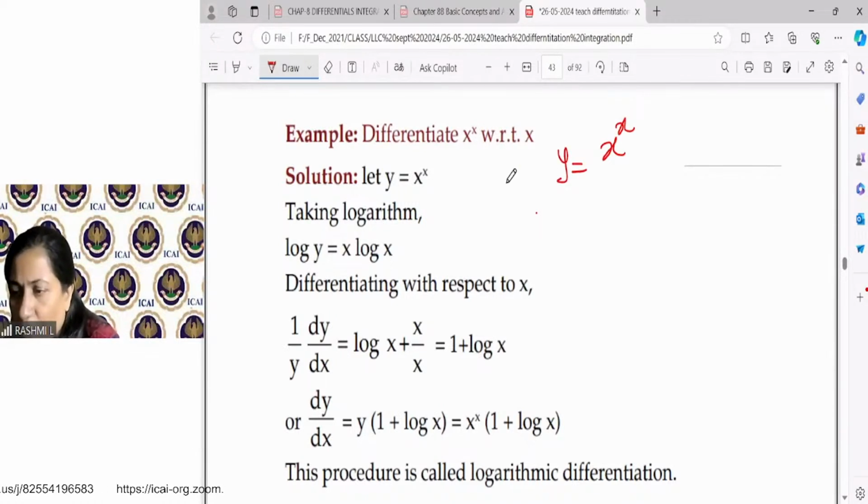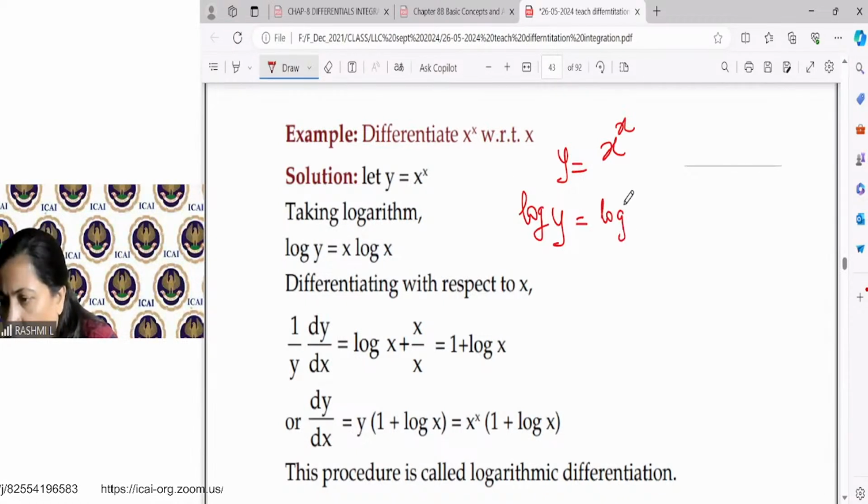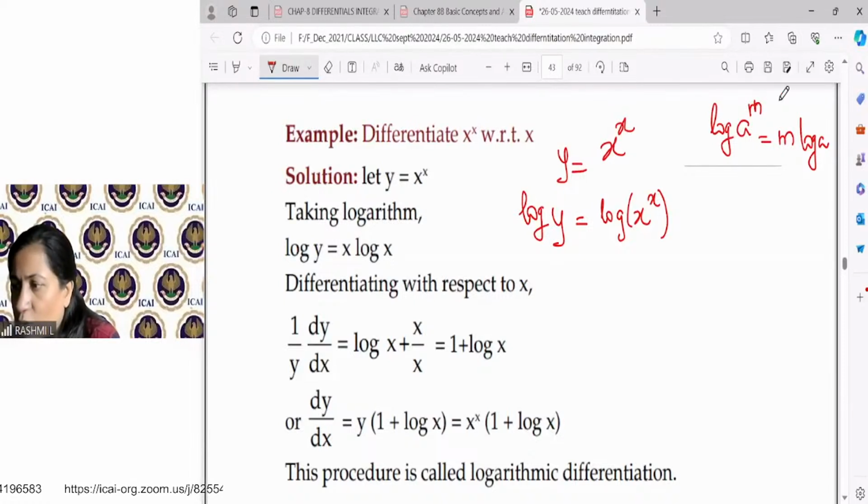So when I take logs on both sides, this is going to be log y equal to log of x raised to x. What is the thing I'm going to use? Log of a raised to m is equal to m log a, which is equal to x log x.